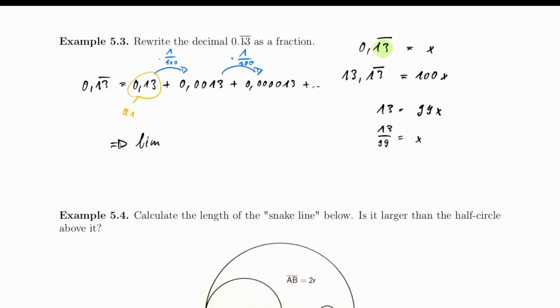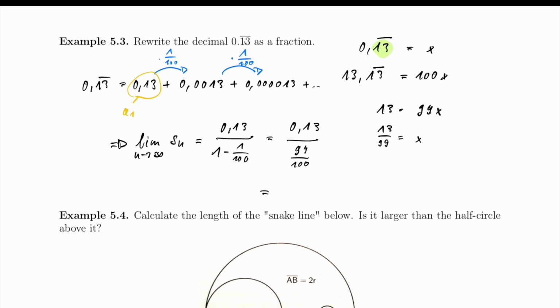And if you calculate that, then here the limit of n towards infinity of Sn is equal to a1, 0.13, divided by 1 minus q. That's 1 minus 1 over 100, so that's 0.13 divided by 99 hundredths.